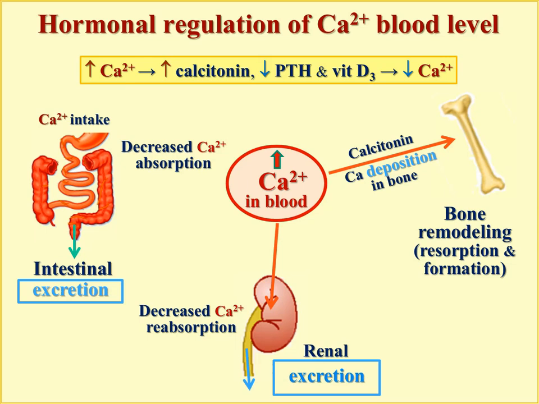So due to all these changes, calcium deposition into bone, high renal excretion due to less reabsorption, and high intestinal excretion due to decreased absorption of calcium, calcium is finally decreased back to norm. So that's how we constantly regulate calcium level and prevent abnormal changes of central nervous system excitability.